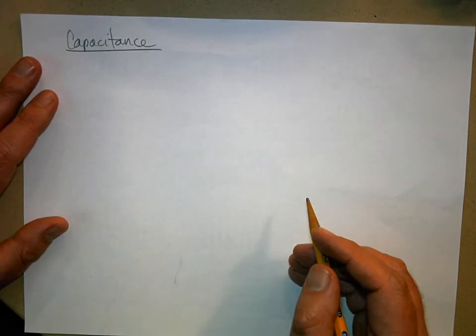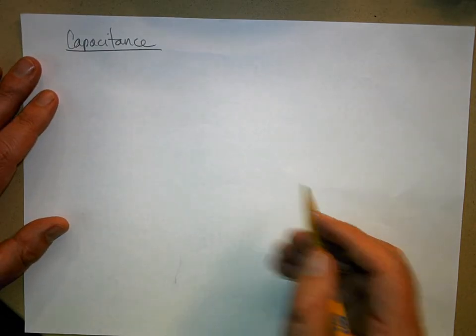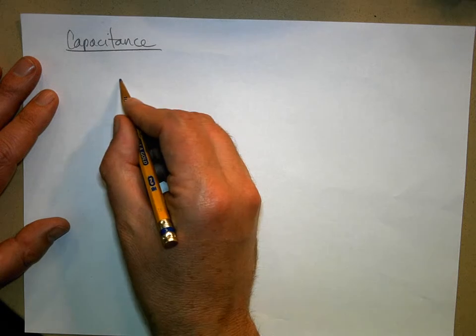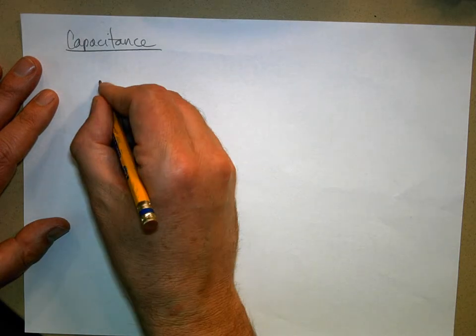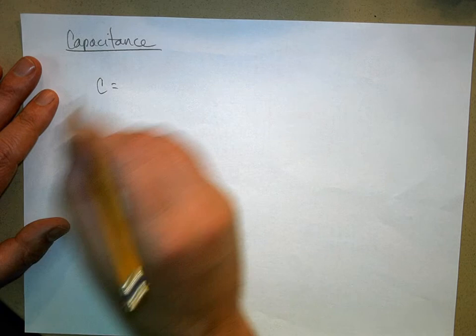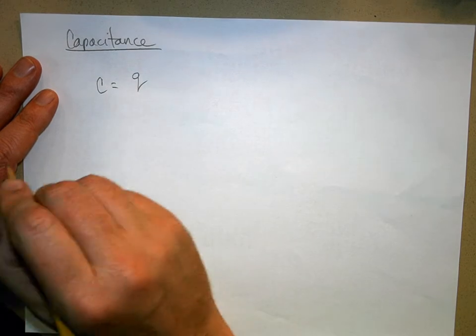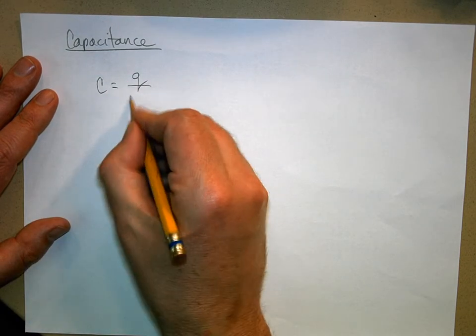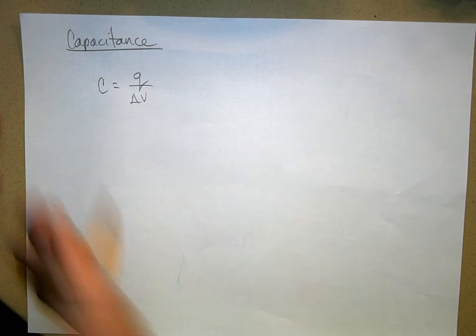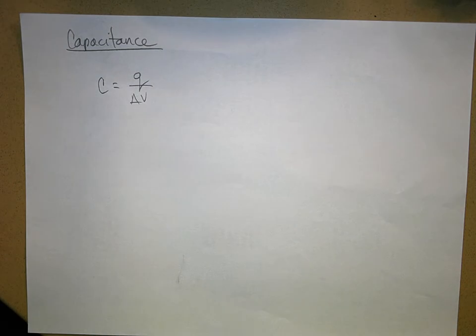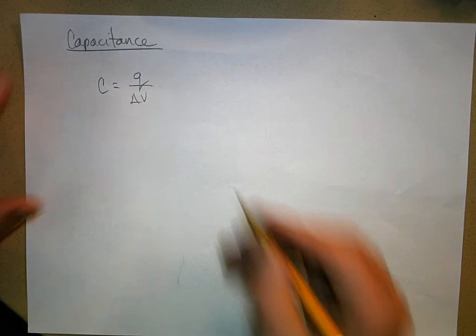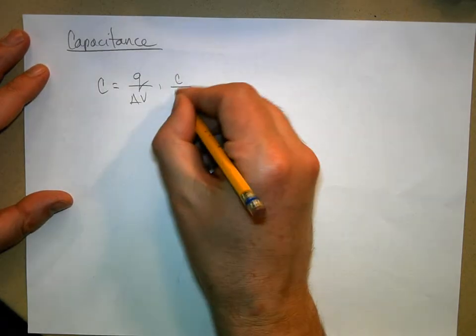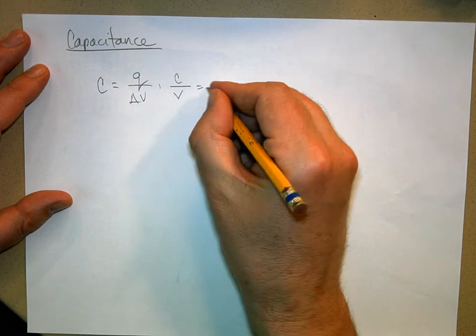Capacitance is basically we have a metal of some kind with a charge on it, and we say the capacitance of that arrangement is the charge we put on that metal divided by the potential difference between that positive charge and wherever the negative charge is. Okay, this is capacitance. Coulombs per volt. A coulomb per volt is a farad.